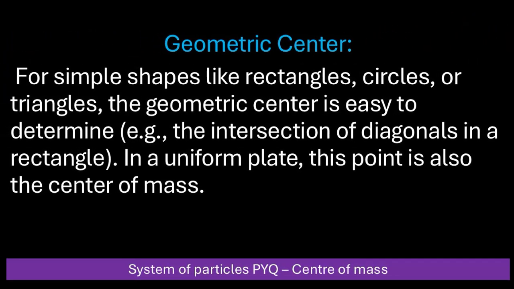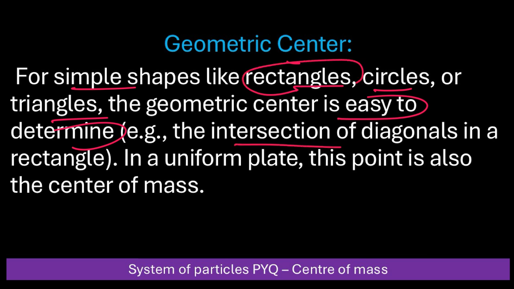Now, for geometric center, we always consider simple symmetric figures like rectangle, circle, or triangles. The reason why we consider these figures is that it is easy to determine their geometric centers. For instance, for rectangles it will be the intersection of diagonals, for circle of course the center, and so on and so forth.